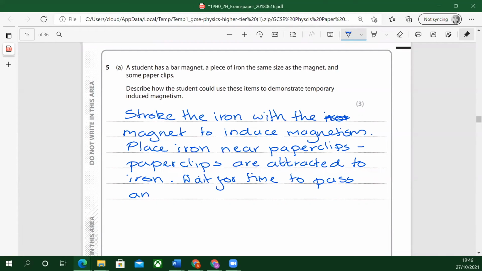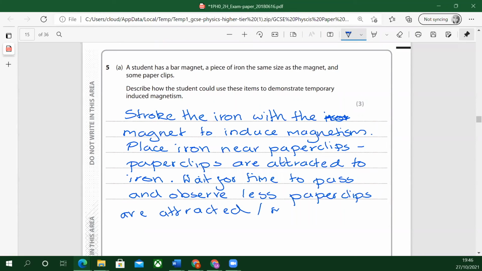And observe fewer paper clips are attracted to the iron, or they're attracted more weakly, as the iron loses its magnetism.